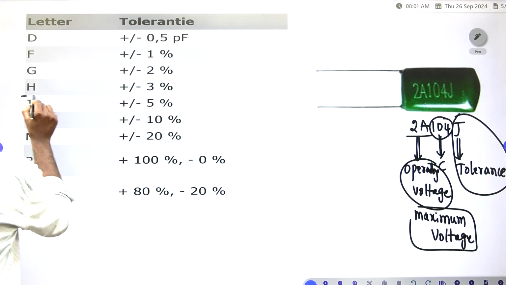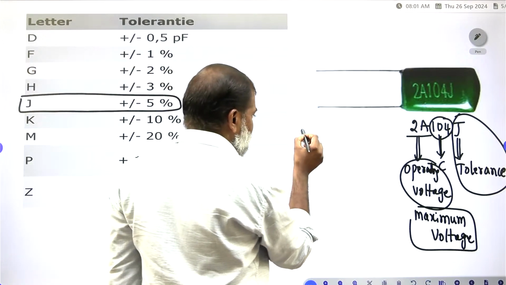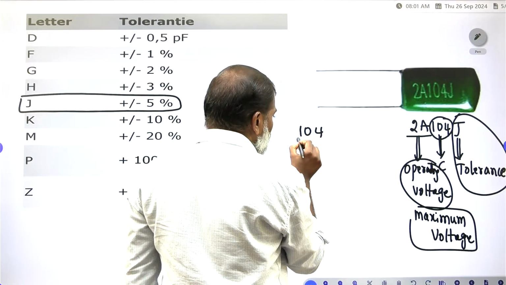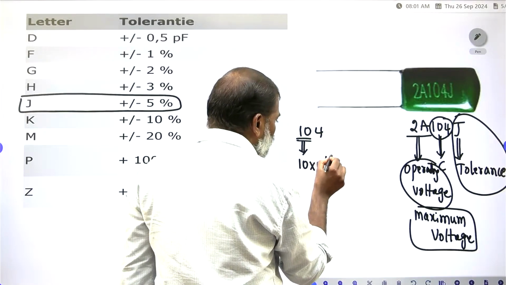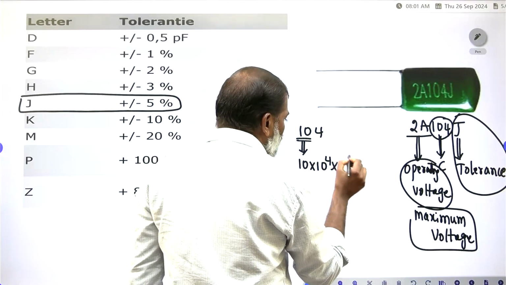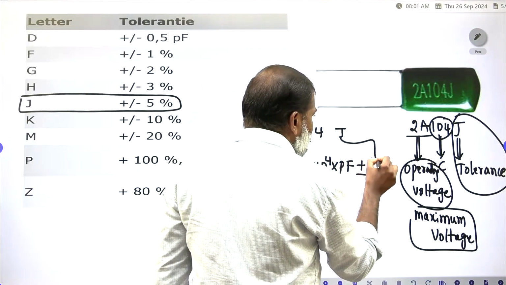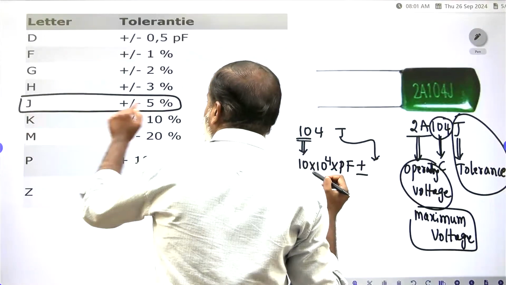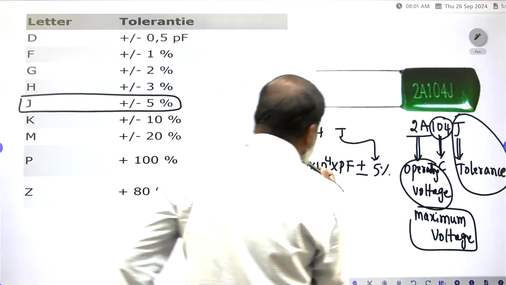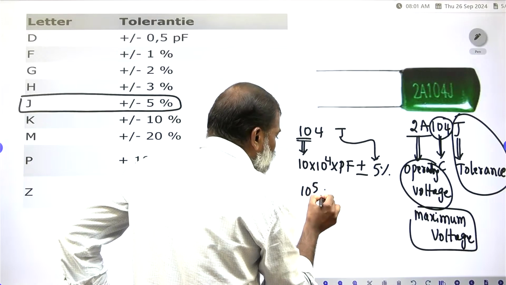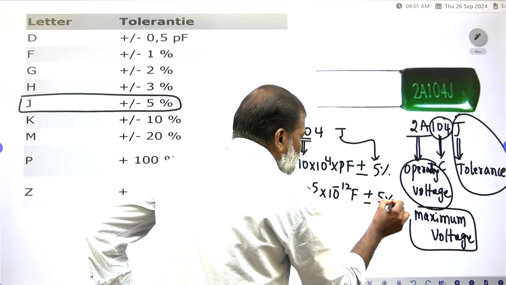If it is J, and 104 means 10 into 10 to the power of 4 picofarad, the tolerance for J is plus or minus 5% of this. So 10 to the power of 5 into 10 to the power of minus 12 farad, plus or minus 5%.